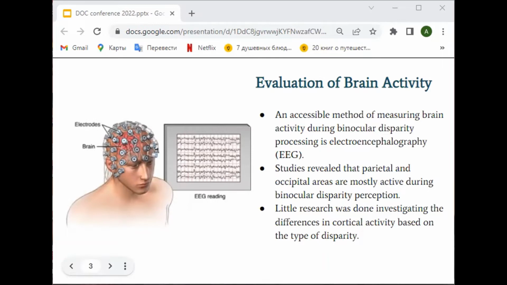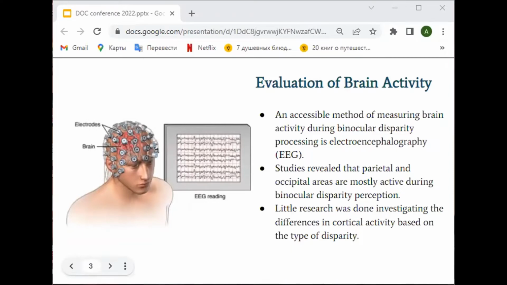Previous studies mainly focused on researching the cortical areas that are responsible for disparity processing, and they concluded that the main cortical areas active during the processing of binocular disparity were the occipital and parietal lobes. Studies have also concluded that information about binocular disparity is present during early stages of visual processing.